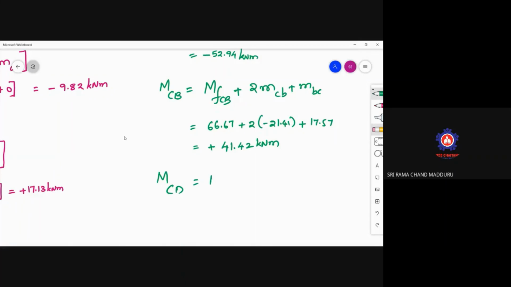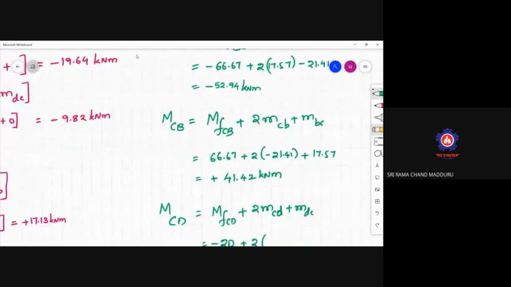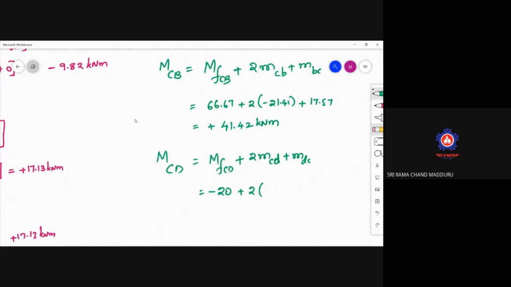MCD: MFCD plus 2MCD plus MDC. So MFDC is minus 20 plus 2 times of MCD, minus 10.706, plus 0.